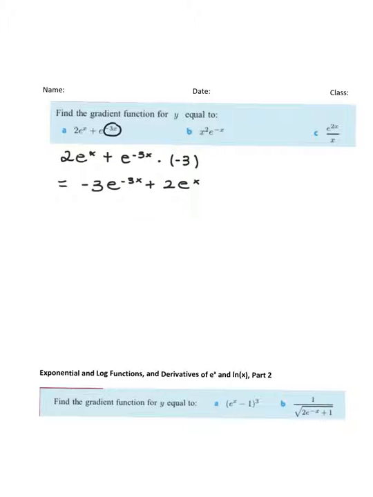So for the next one, for B, this is product rule because we have a product of an x squared and an e to the negative x. So we're combining two rules here. Product rule says first times the derivative of the second plus second times the derivative of the first. So first times the derivative of the second. Let me just put a little bracket here. Well, the derivative of the second is what?